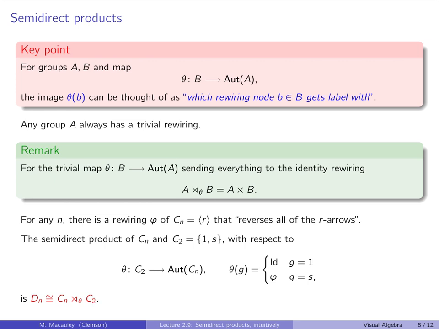So for example, let me do another example that we haven't seen yet. Here is D6, which can be constructed with this inflation method where we reverse the edges in the bottom node.